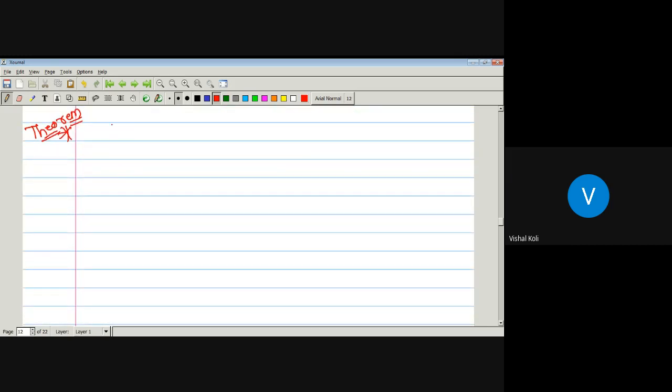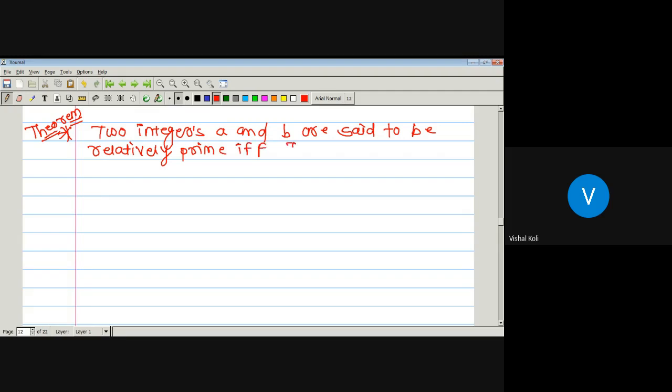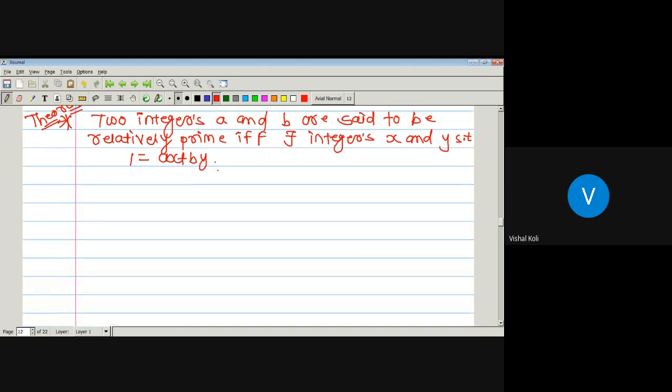Now there is one result: two integers a and b are said to be relatively prime if and only if there exist integers x and y such that 1 is nothing but ax plus by. So here we have to prove the if and only if statement.